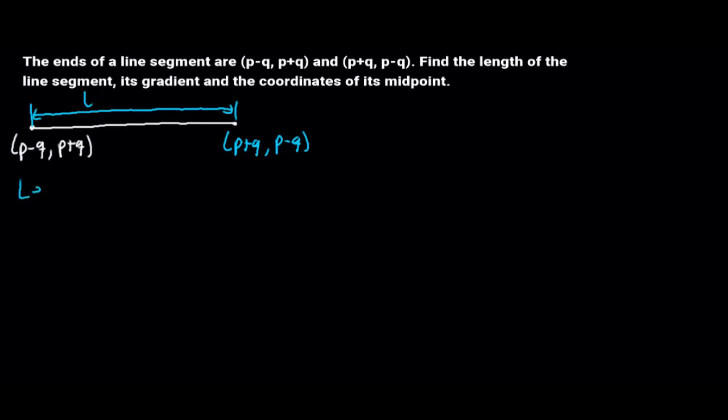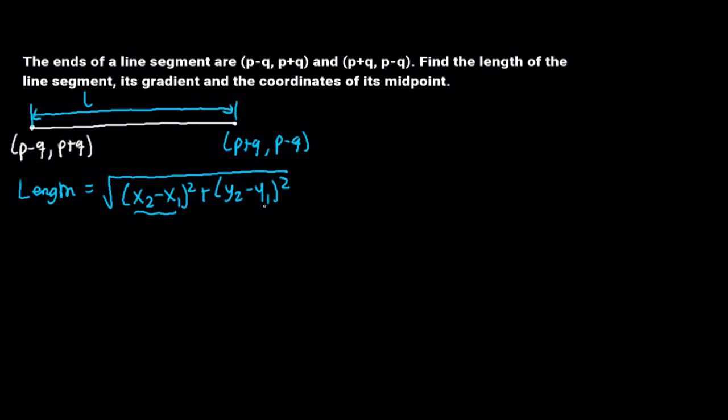Generally, the length of a line segment is given by the square root of x2 minus x1 all squared plus y2 minus y1 all squared. So now we have to find x2 minus x1 and y2 minus y1. Then we can make a substitution.